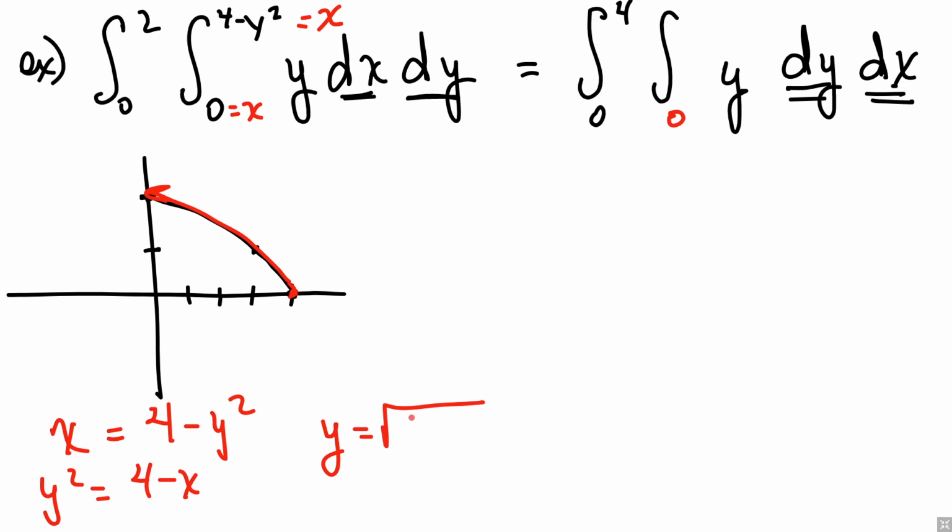The square root of 4 minus x. Technically it would be plus or minus, but we know it's going to be the positive because we are on the positive side of the graph. So our upper limit here is going to be the square root of 4 minus x. Any questions?